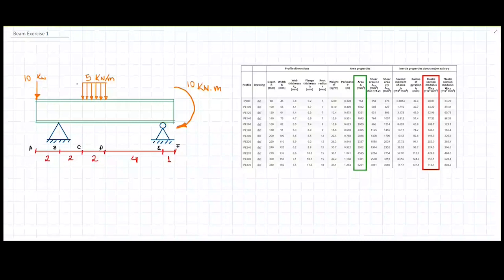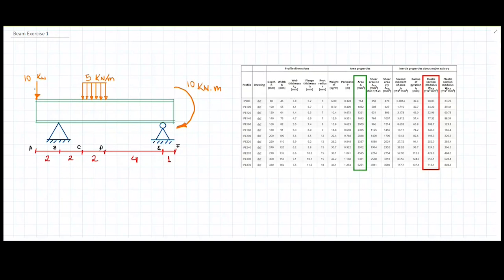Well, in this exercise, there is something interesting happening with the calculation of a simple beam. Basically, we need to calculate or select, is the best word for this, a beam profile according to this table here that could withstand these loads applied to this beam.